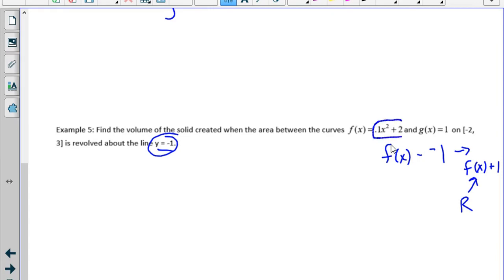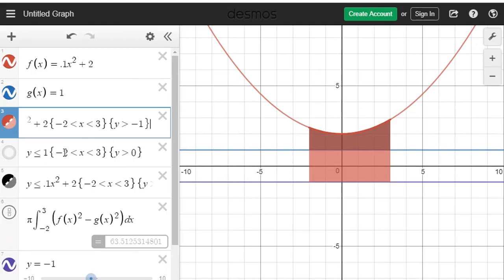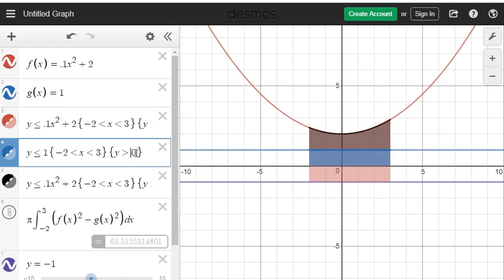So if I'm writing it out, it's 0.1 x squared plus 2 plus 1, which ends up being 0.1 x squared plus 3. So this is now my new R. If I'm looking at g in this problem, g is now no longer just 1.